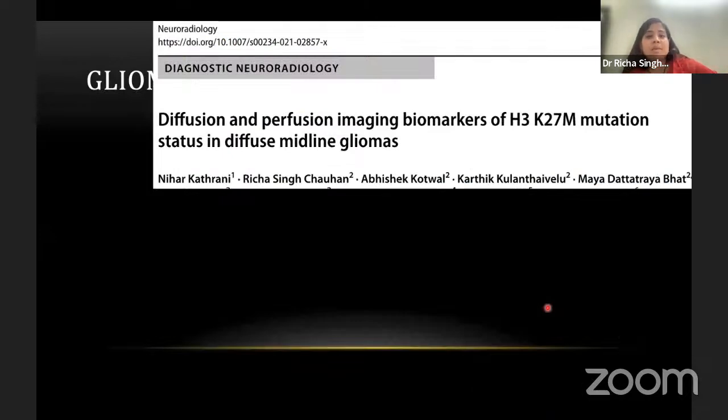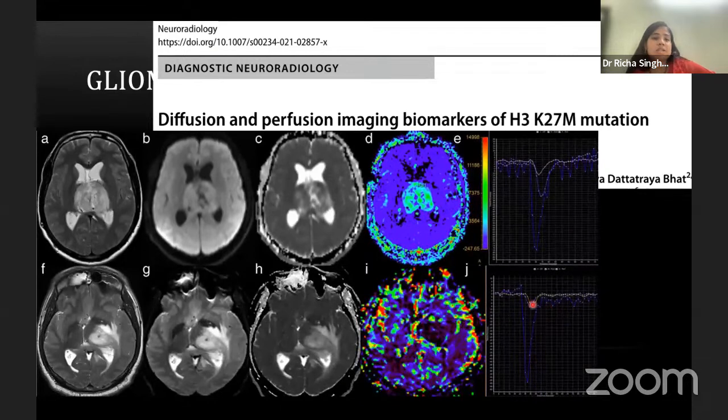Then another paper we published on the diffusion and perfusion imaging biomarkers, differentiating between these tumors. And again, thalamic tumors, this is the same tumor. What we can see here on diffusion is that the tumor is markedly restricting and there is high perfusion within the tumor, as we can see from this peak of rCBV in the tumor as compared to the normal appearing white matter, where there is no peak.